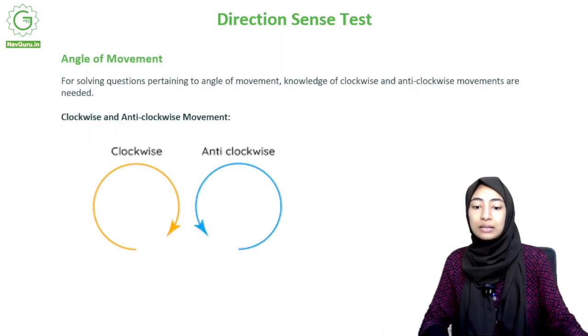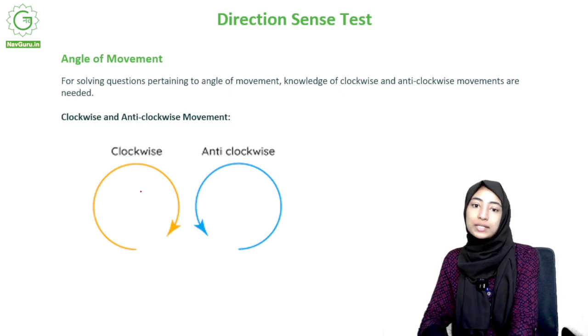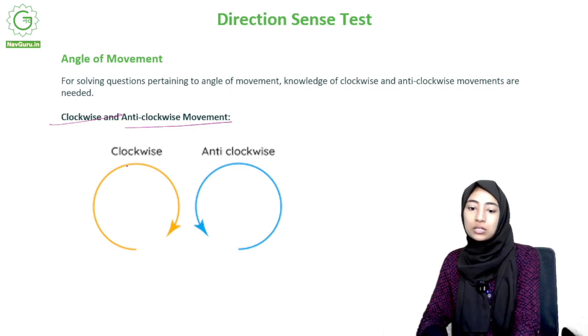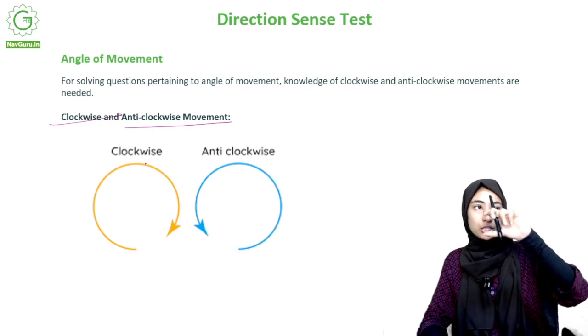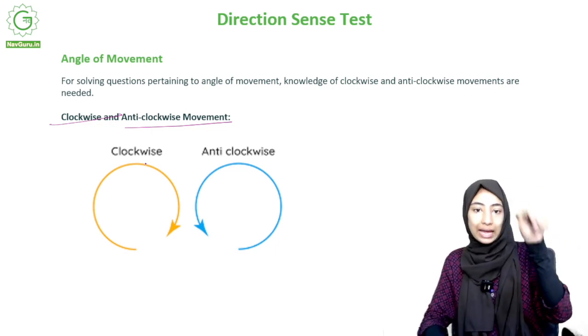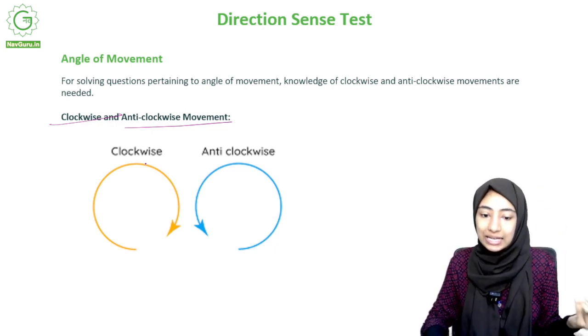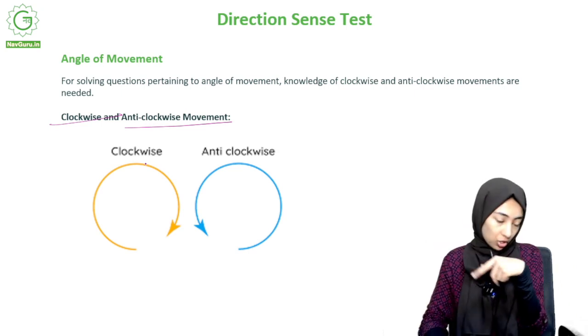And then we studied something called the angle of movement. The only concept you need here is that of clockwise and anti-clockwise movement. Like I explained, clockwise is how a clock moves. Just think about the movement of the clock. That direction is called clockwise. Anti-clockwise is the direction opposite to that.